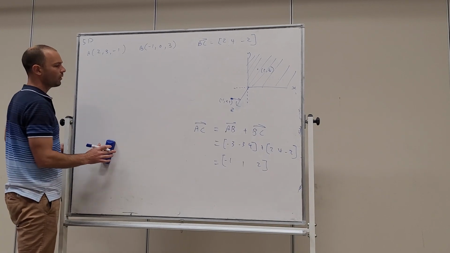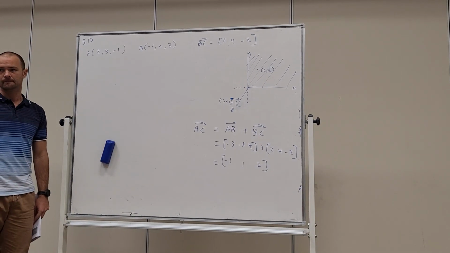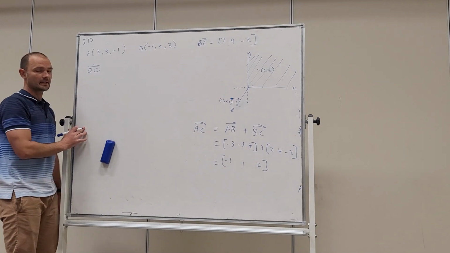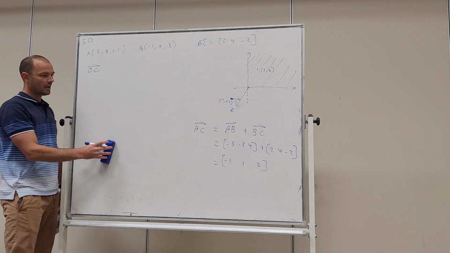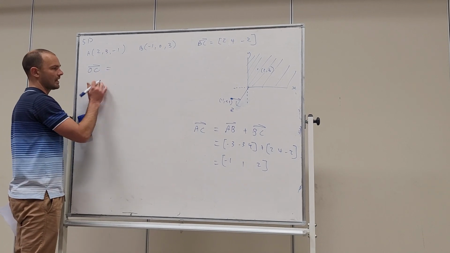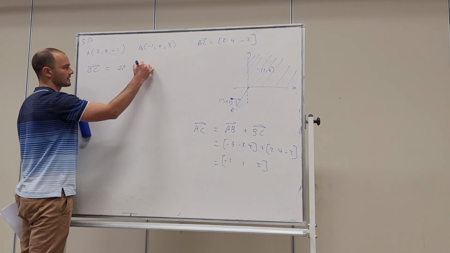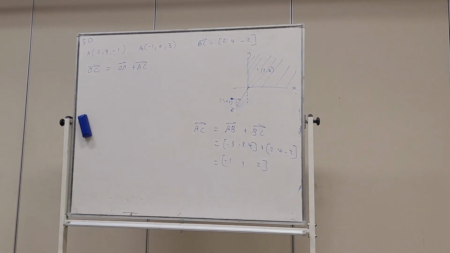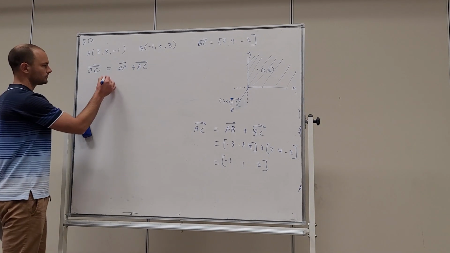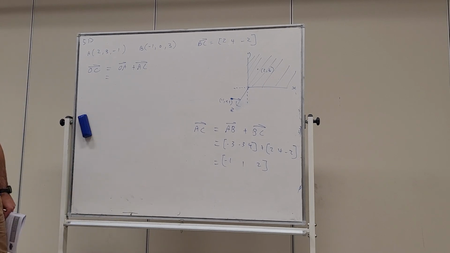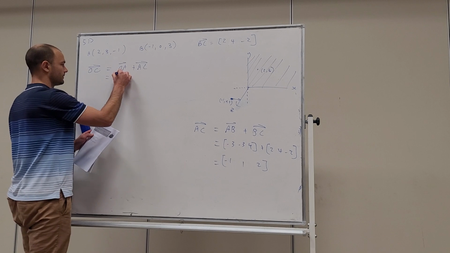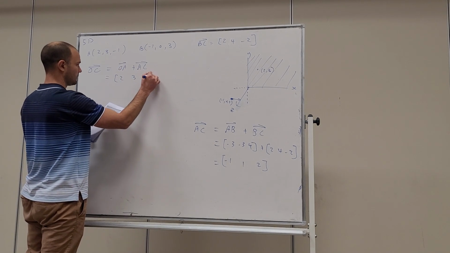Alright, so what that means is we want vector OC, because vector OC is going to tell us the coordinates of C. And vector OC is the same as OA plus AC. So, OA, I wrote it out, that is (2, 3, -1).